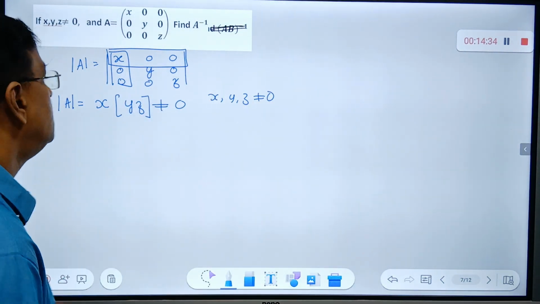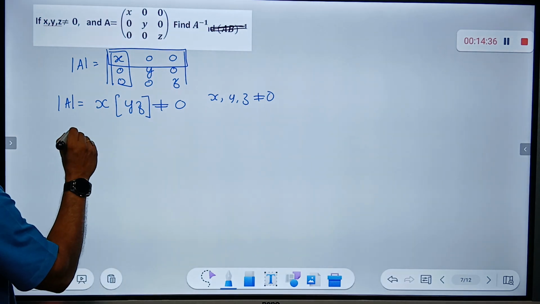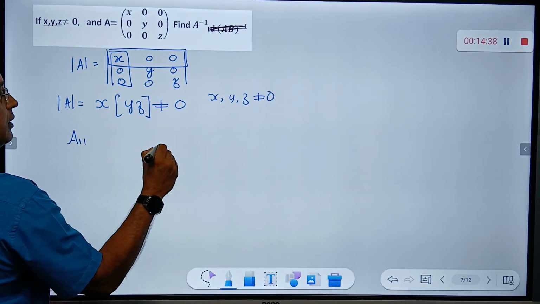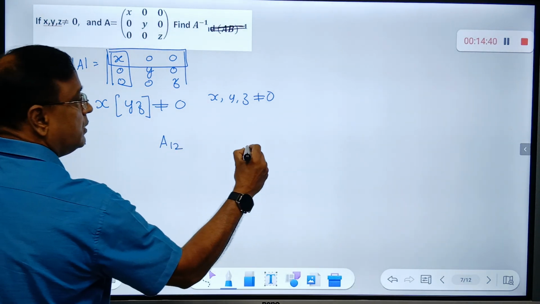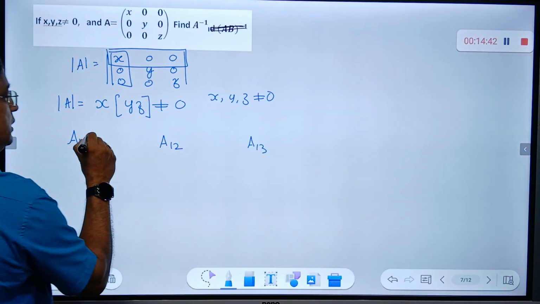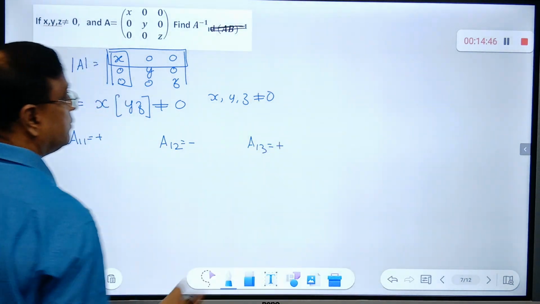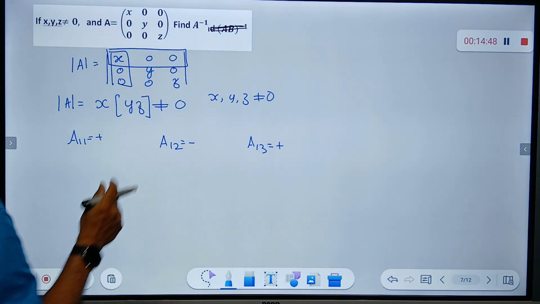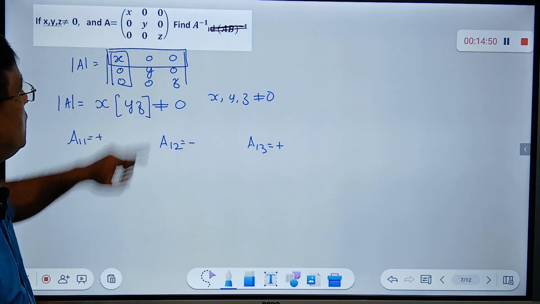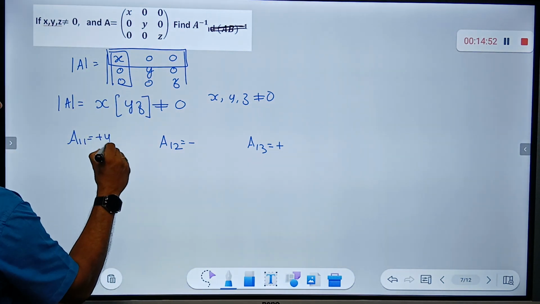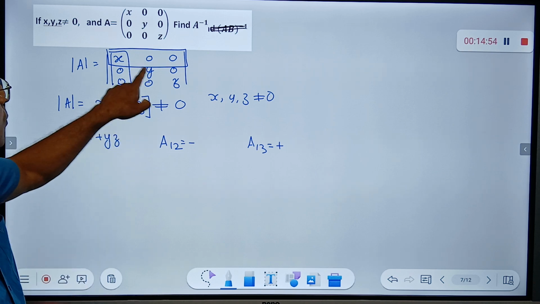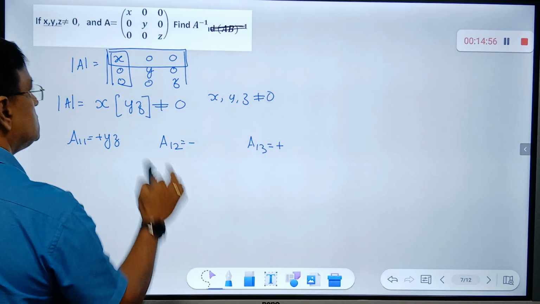That's very important. Now I want to find adjoint. A11, A12, A13. So first let's deal with that. Plus, minus, and plus. First row, first column. What do you get? yz. Correct? yz. This is 0. Now just shift this.